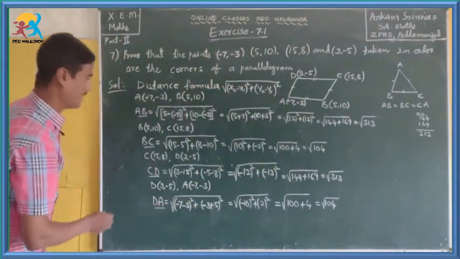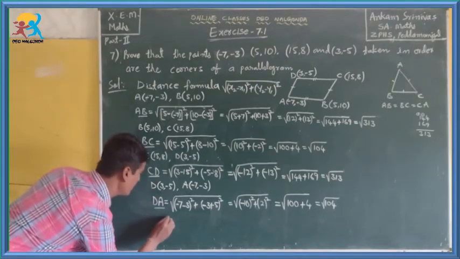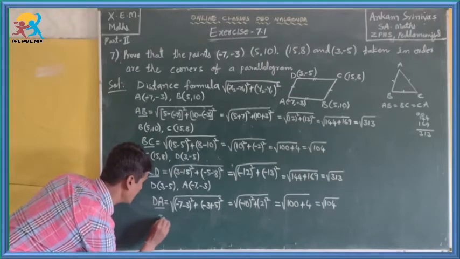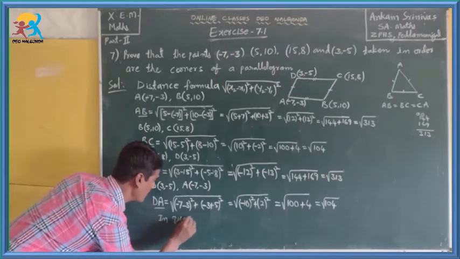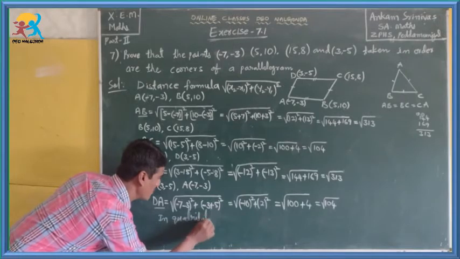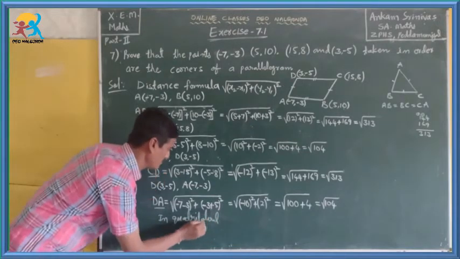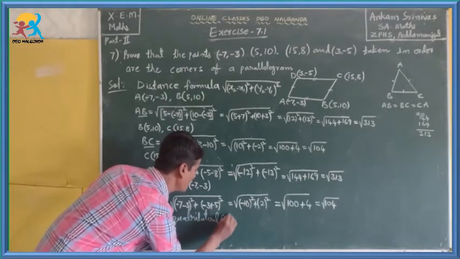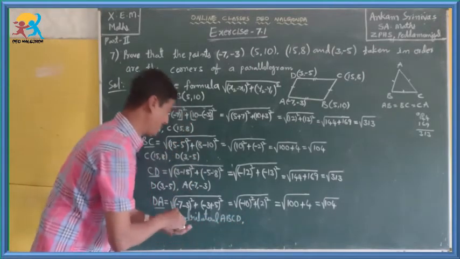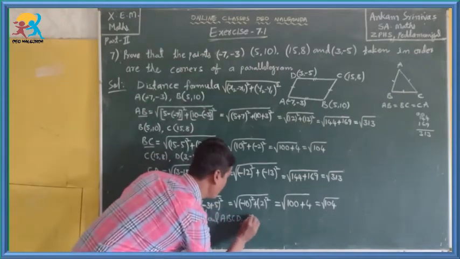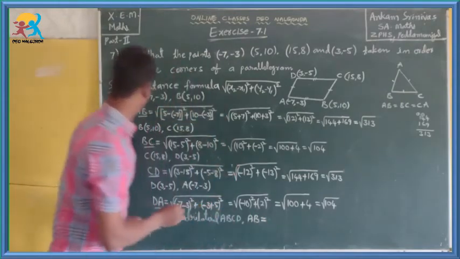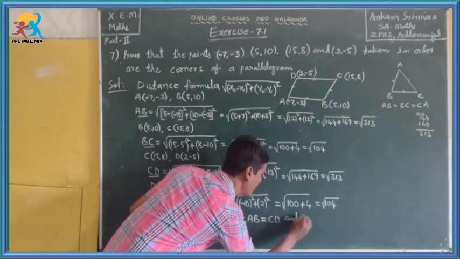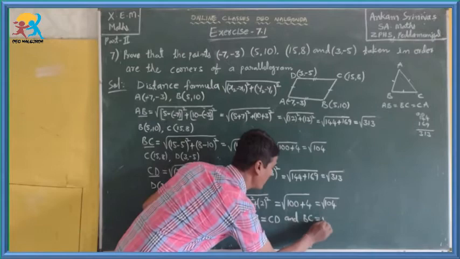Okay, you can write here: in quadrilateral ABCD, AB equal to CD and BC equal to AD.